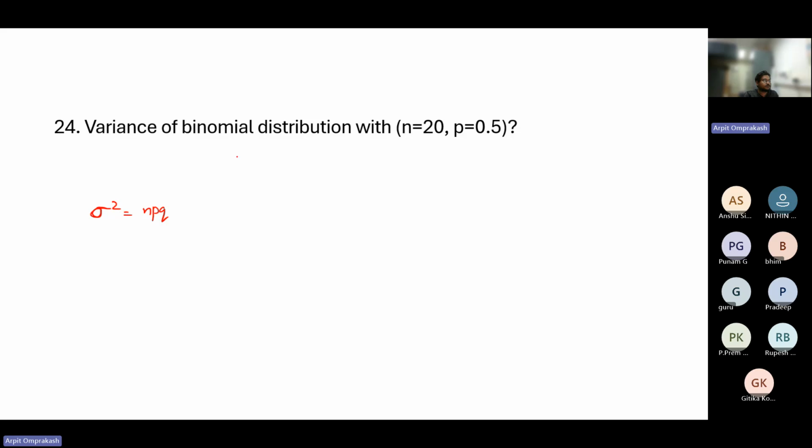So we have p equal to 0.5, q is nothing but 1 minus p, which is 1 minus 0.5, or 0.5. Now we can write n equal to 20, p equal to 0.5, and q equal to 0.5. So 20 into 0.5 is 10, into 0.5. The answer here will be 5.